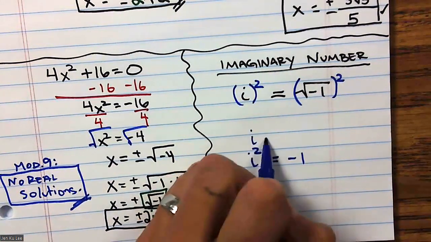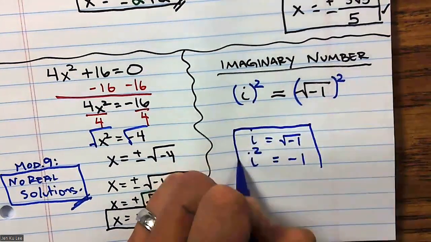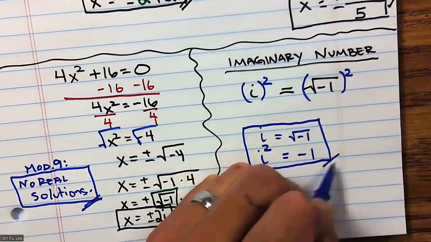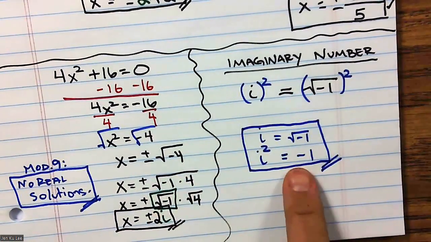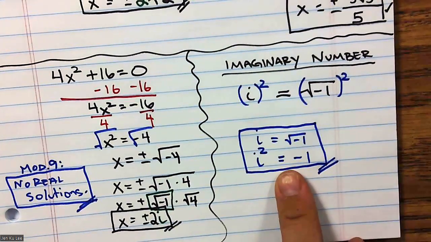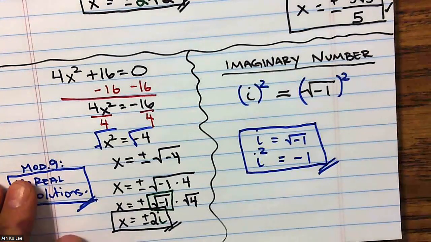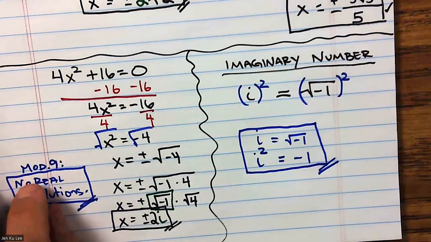And then i equals square root of -1. This part here is the new idea for this lesson. Okay? And then what we're going to do with that is we're just going to practice that.